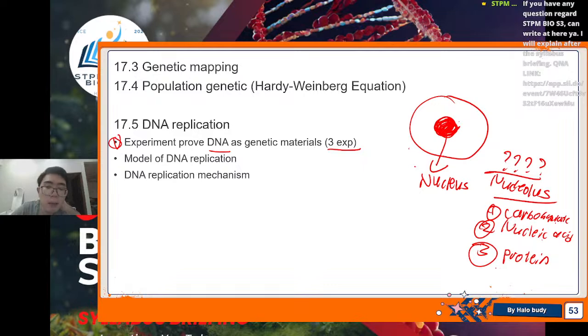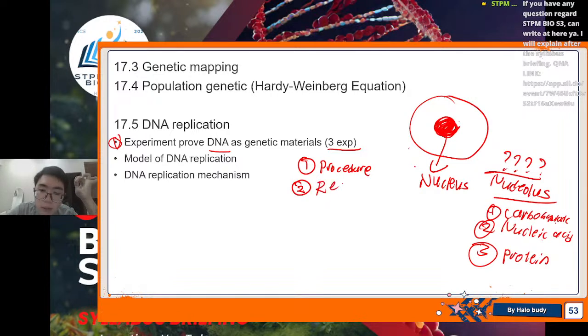Then they did experiments. So there are 3 experiments, and these 3 experiments were conducted by different scientists. So what you have to know is the procedure, and then theory, and then result.